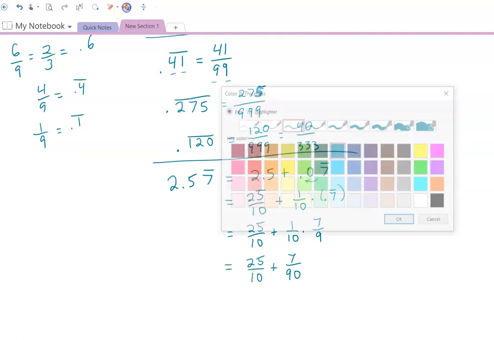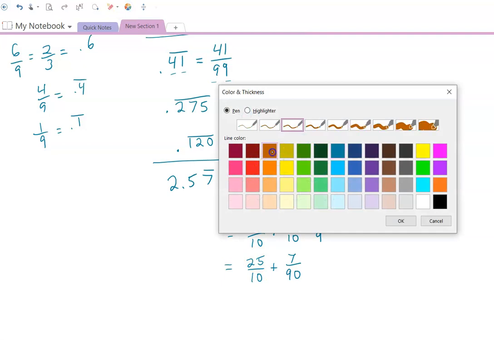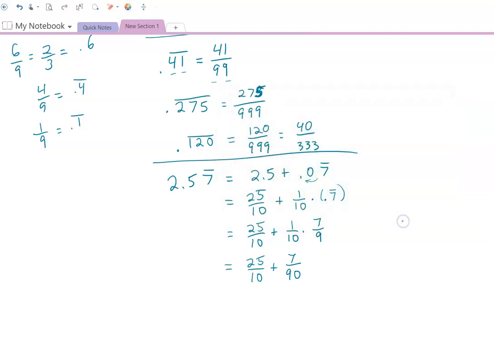All right, so remembering our fraction skills from third or fourth grade, we're going to multiply this by 9/9. 10 times 25 would be 250, so let's take one of those away. So we've got 225 plus 7 over 90.